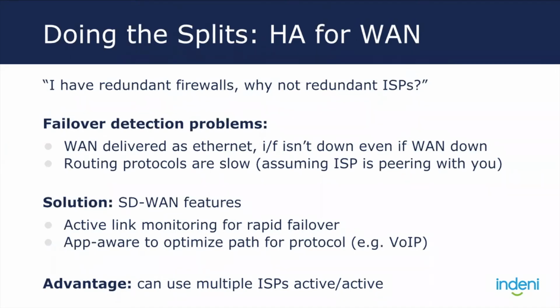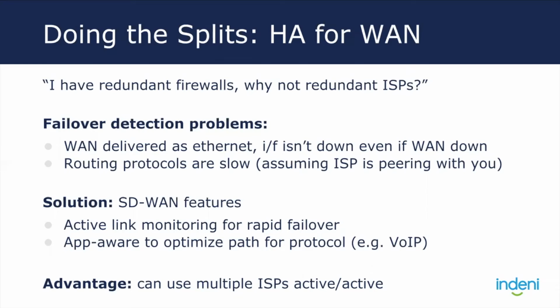So this is one of those tricky things that can be done. Historically it's really hard to do without having some sessions need to be reestablished. But as long as you're willing to pay that price, then it is super cool to be able to use redundant ISPs at the same time in an active-active.